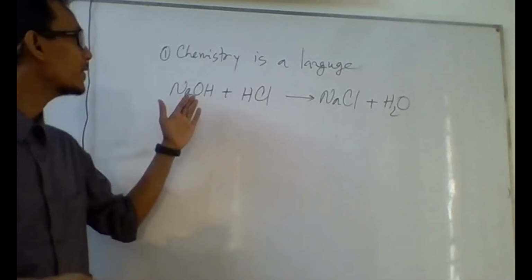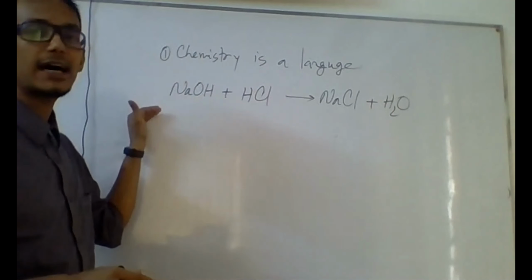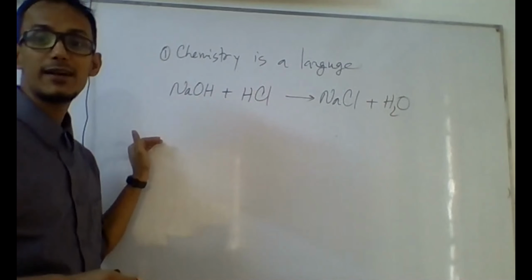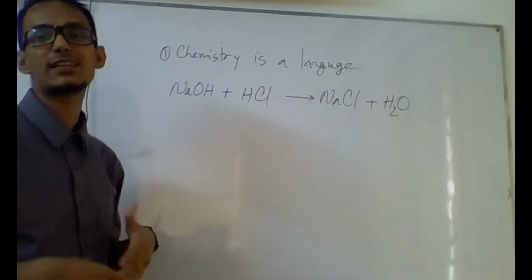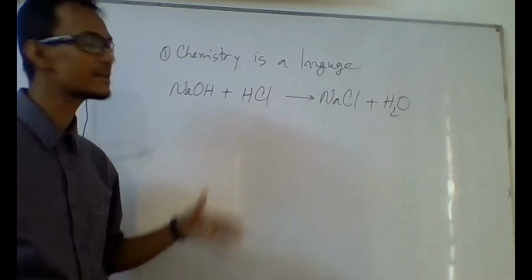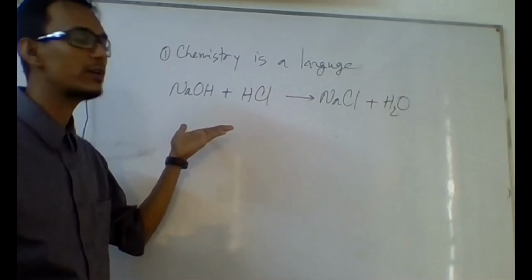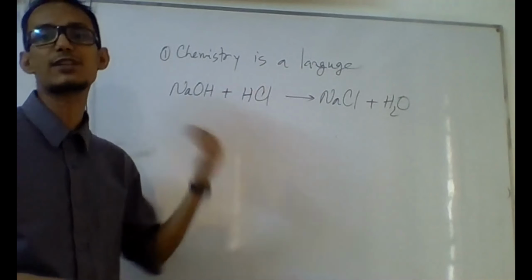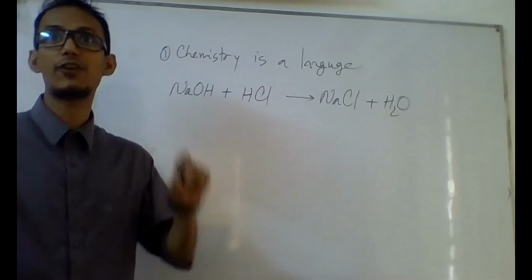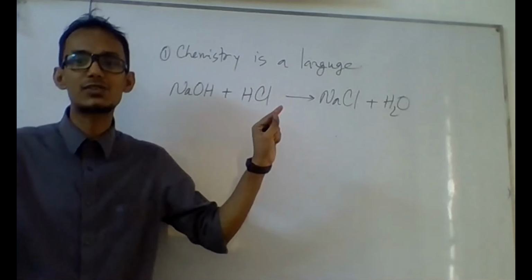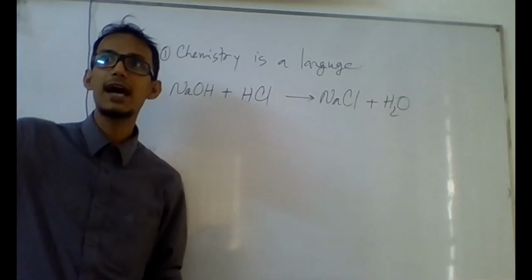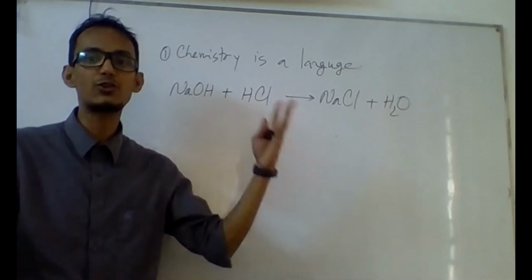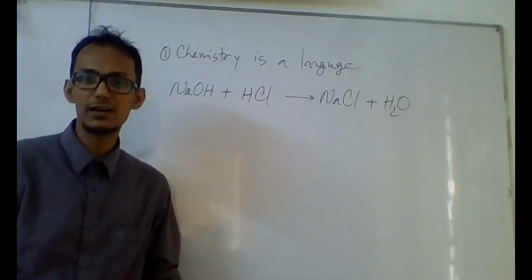Similarly, we'll start with our alphabets, then the words, then we'll start learning different grammatical structures. And based on those, you can write hundreds and thousands of chemical sentences. Just like if you know one grammatical structure in English, you can write hundreds of sentences, maybe a 2000 word paragraph.